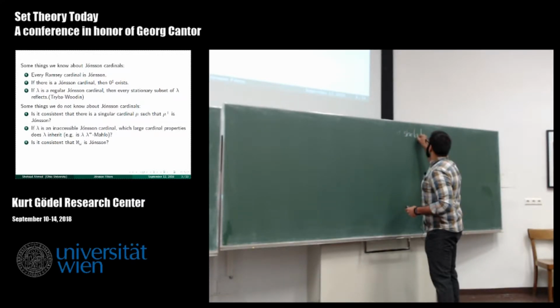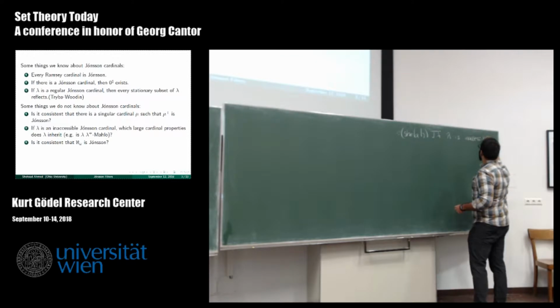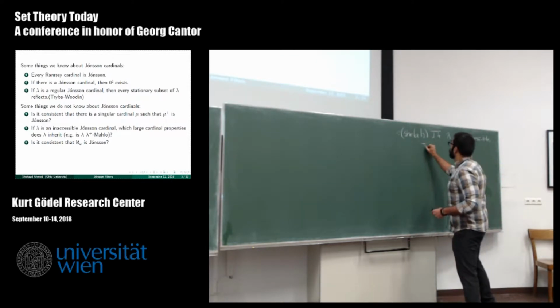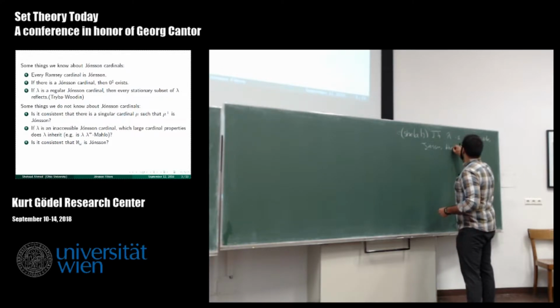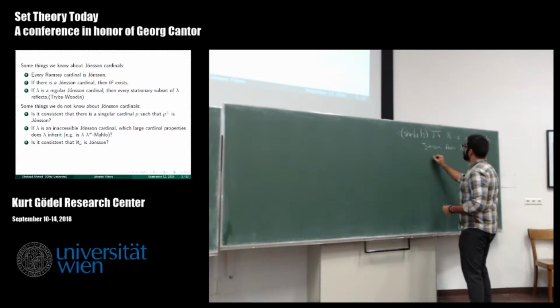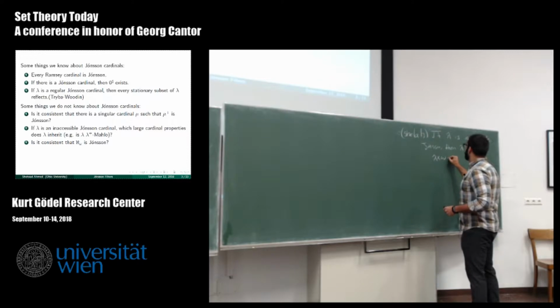So if lambda is inaccessible Jónsson, then lambda is lambda cross omega Mahlo.